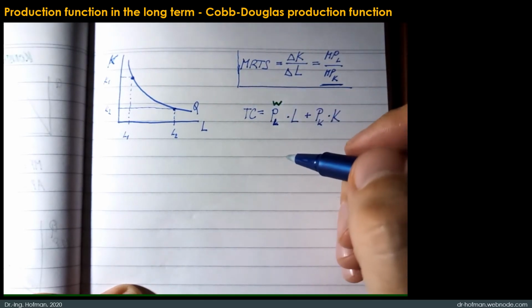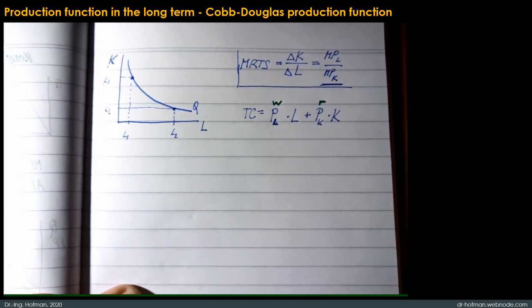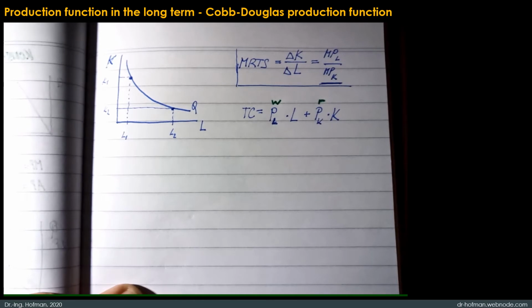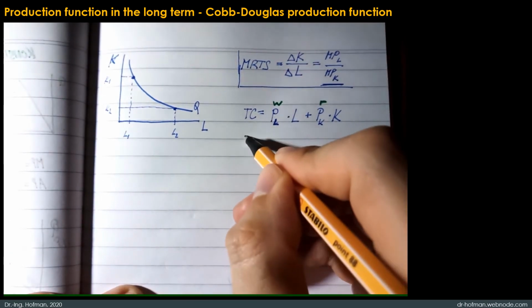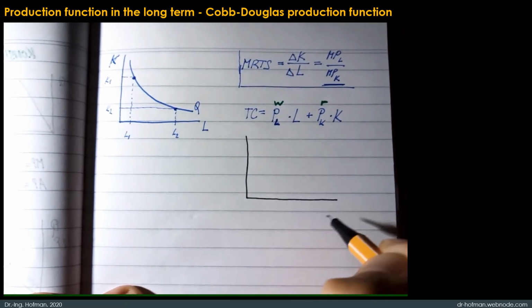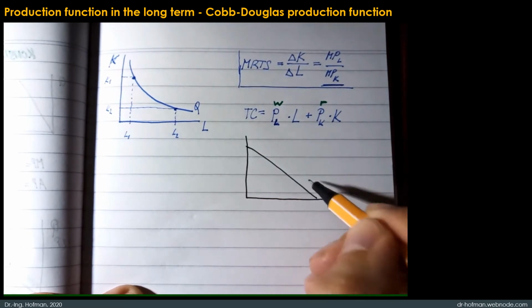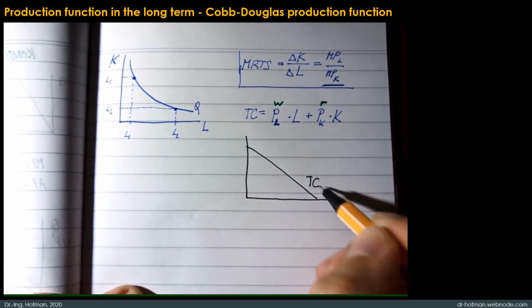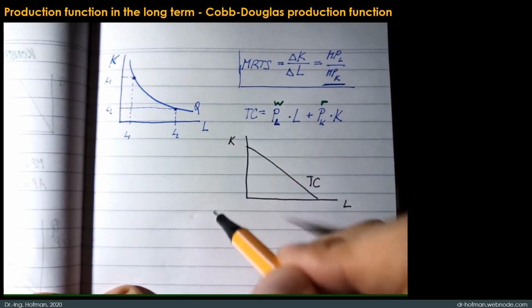You know that the price of labor is the wage, W, and the price of capital is the rent, so interest, we can mark it R. Similarly to the budget line, the total cost function is the so-called isocost. So we can say it's a line TC.